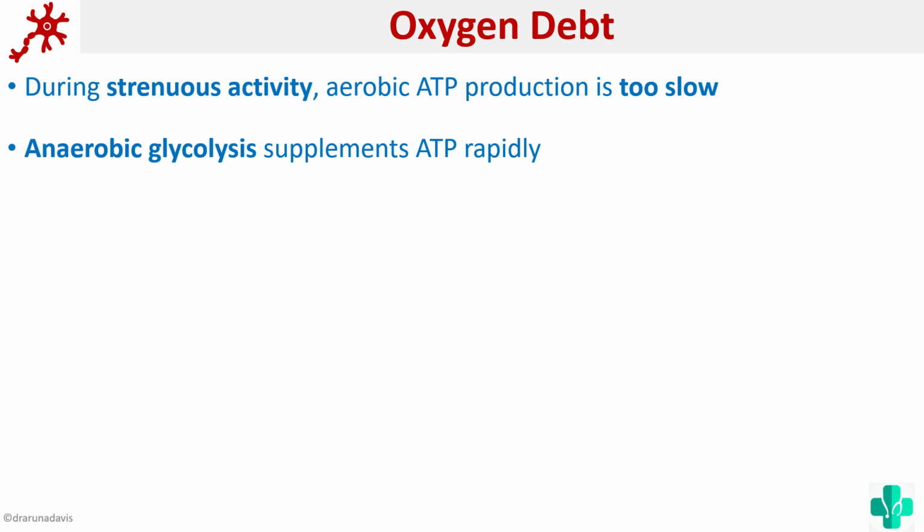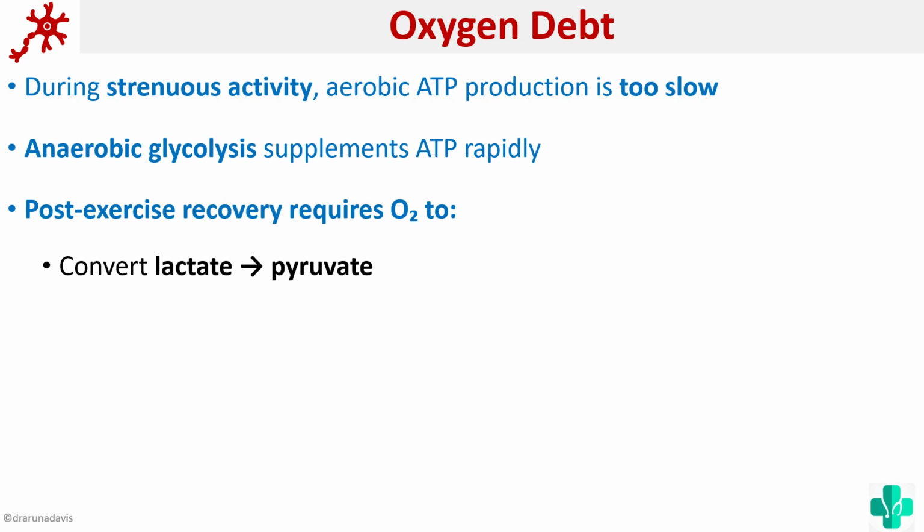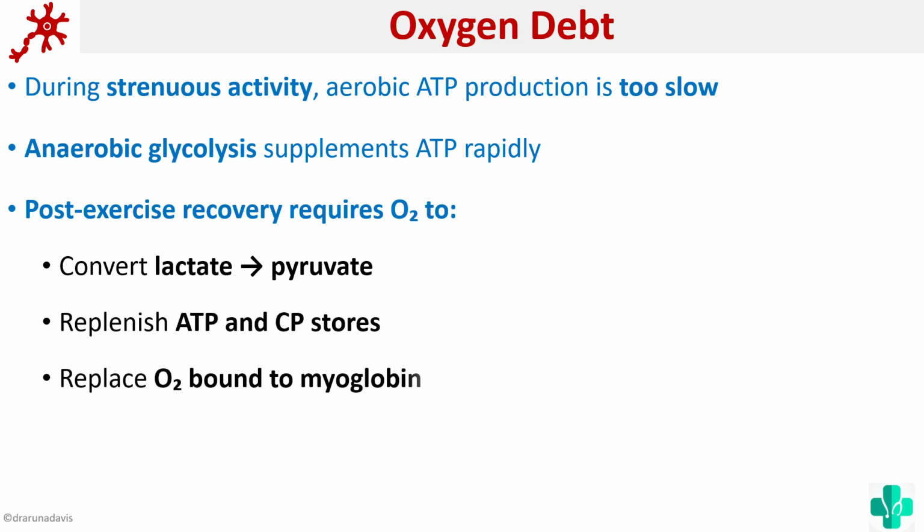But the problem is anaerobic glycolysis, as I said, will lead to accumulation of lactic acid. So after exercise, all this lactic acid has to be converted back to pyruvate. For that, it needs oxygen to convert lactate back to pyruvate, to replenish the ATP and the phosphocreatine stores, as well as replace the oxygen bound to myoglobin.